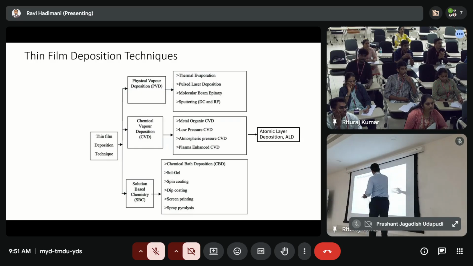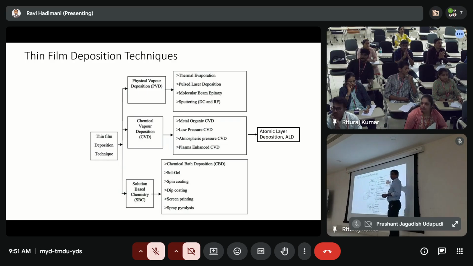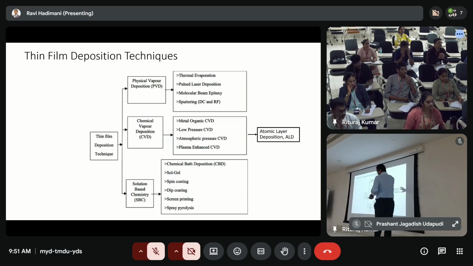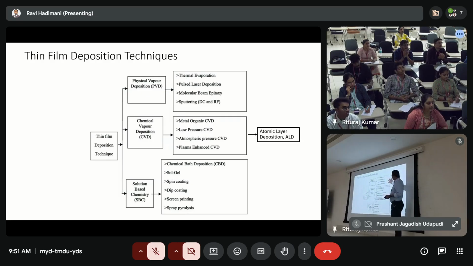But anyway, these ones need 10 to the power minus 5, or 100,000 times lower than atmospheric pressure, meaning high vacuum. These also need high vacuum. Here you use physical phenomena: thermal, light, laser, electron or ions.